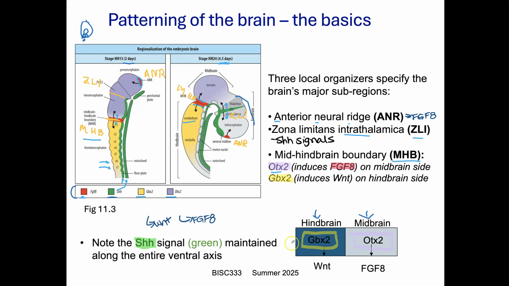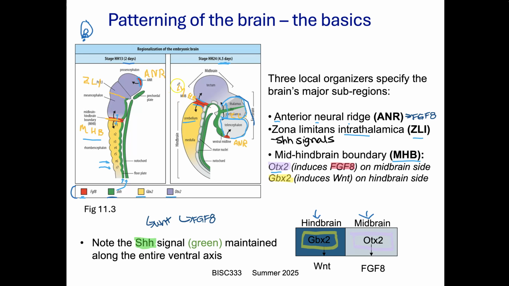I've tried to be careful with the color coding so that you can see the consistency. So these are the three local organizers that you need to know. The ANR is specifying the most anterior part of the forebrain, and the ZLI is the second part of the forebrain, which includes the thalamus, which is an important gland.